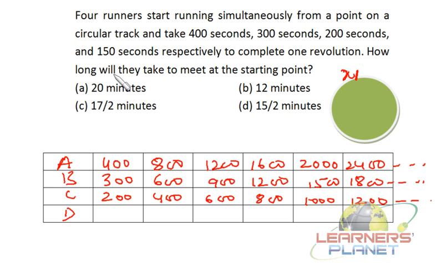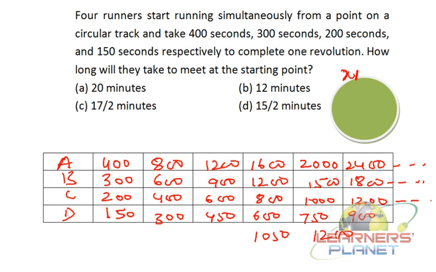Similarly, D will come after every 150 seconds. So it's 150, 300, 450, 600, 750, then 900, then 1050, then 1200.